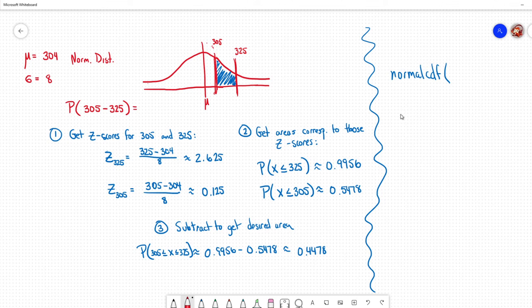So for the normal CDF, the lower limit is 305. The upper limit is now 325, so we're in between two specific numbers. The mean was 304, and the standard deviation was 8. Don't forget to label upper, mean, standard deviation.